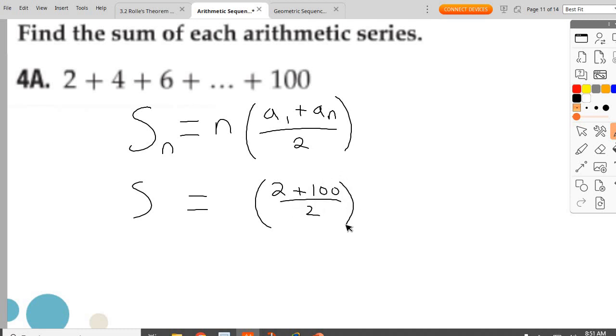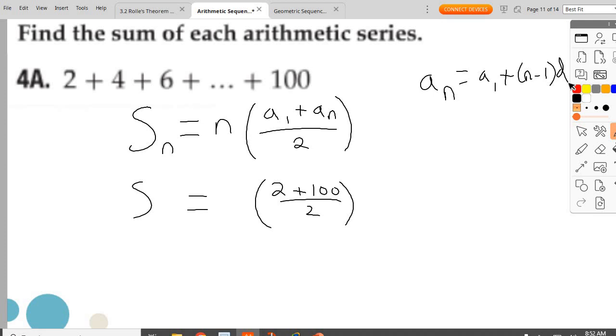Okay? So then to find our n, remember that from yesterday, we could use our a sub n equals a sub 1 plus n minus 1 times d. Our a sub n is 100. Our a sub 1 is 2. And what are we adding each time? 2, right? And then you would solve for n.